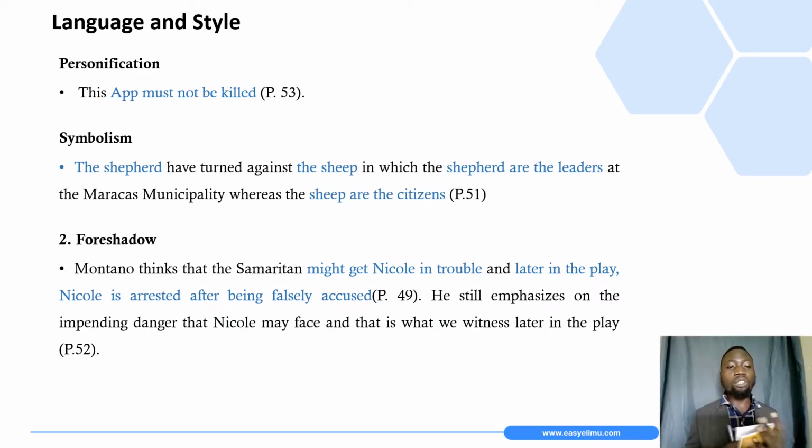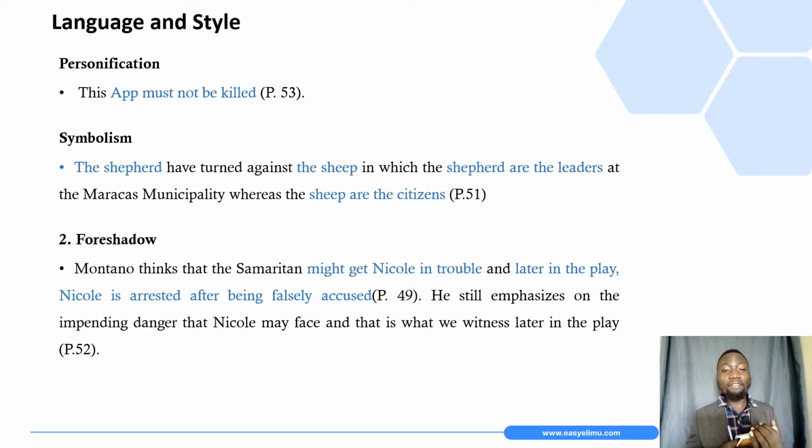So the shepherd here symbolizes the leaders, because they are the ones who are supposed to be leading. They're supposed to be providing essential services to the citizens.